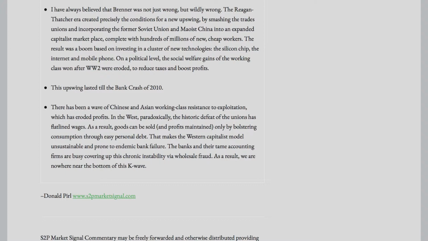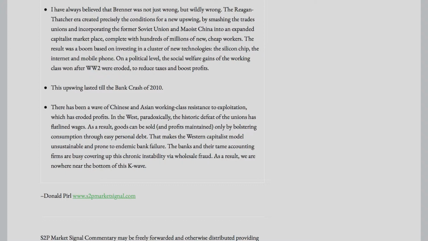The Reagan-Thatcher era created precisely the conditions for a new upswing by smashing the trade unions and incorporating the former Soviet Union and Maoist China into an expanded capitalist marketplace, complete with hundreds of millions of new cheap workers.